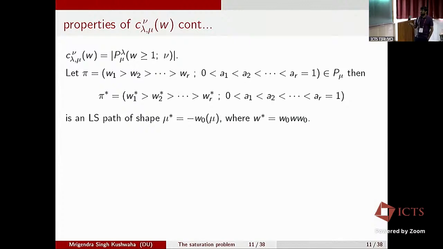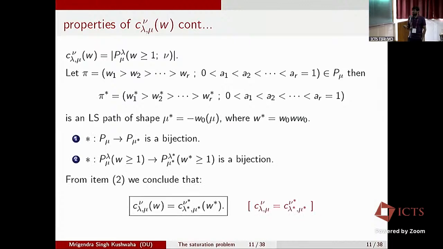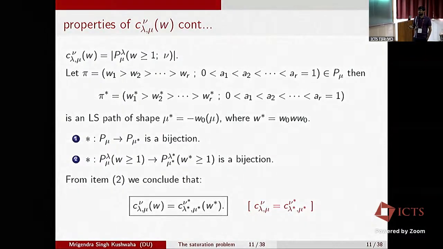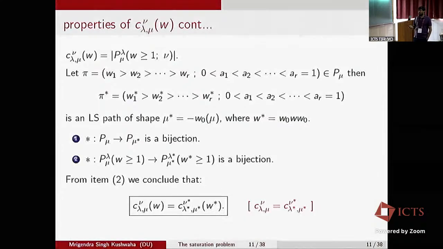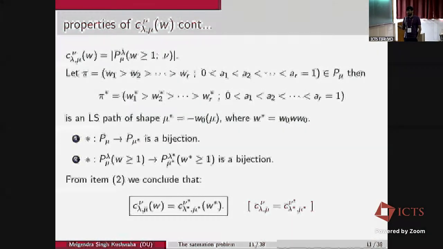So we see that this pi star will be the LS path of shape mu star, where mu star is minus W naught mu. And this star map will be a bijection from P mu to P mu star. It also gives a bijection from P mu lambda W bigger than or equal to 1 to P mu star W star bigger than or equal to 1. So from this, we can conclude the relation that C lambda mu nu W is the same as C lambda star mu star nu star W star. And that will give this inequality also.